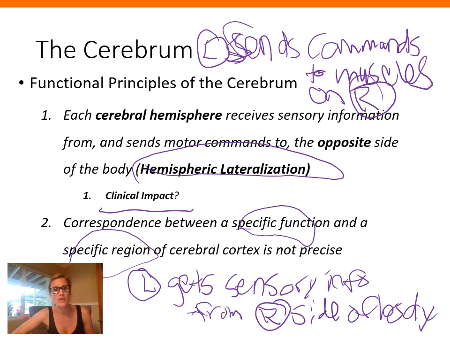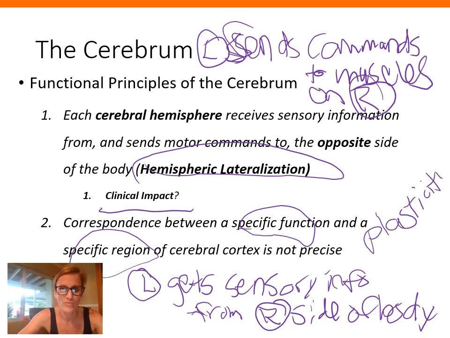The brain is what we call plastic, or it displays plasticity. When something displays plasticity, it can change depending on the needs. So if you damage the part of your brain that has to do with recognizing faces, the other areas of your brain can learn to compensate, and they can learn that function.